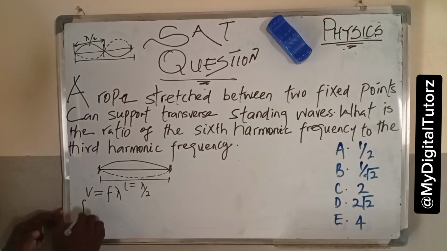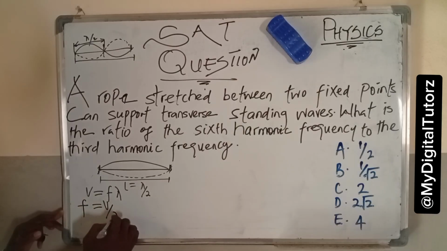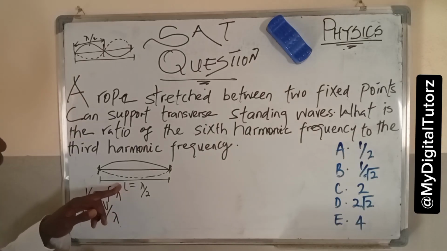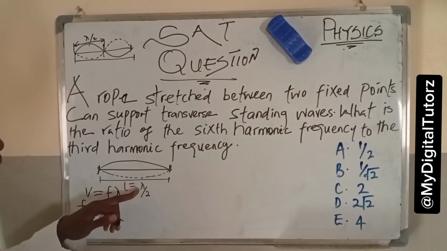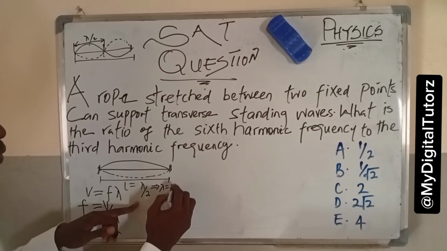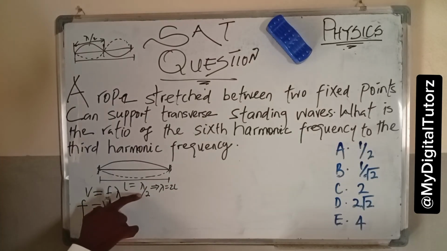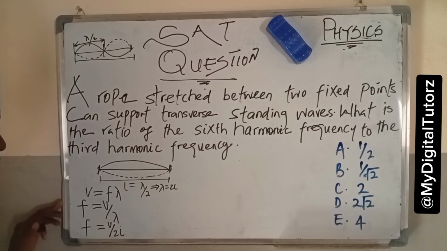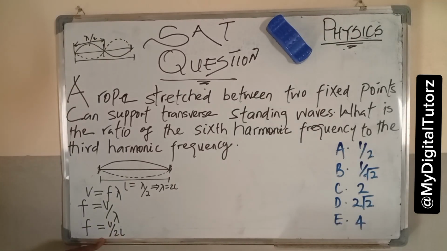So our frequency will be equal to V over lambda. Since the length of the string is lambda over 2, this implies that lambda is equal to 2L. Is that understood when you cross multiply? So this implies that f will be equal to V over 2L. So this is our first frequency.